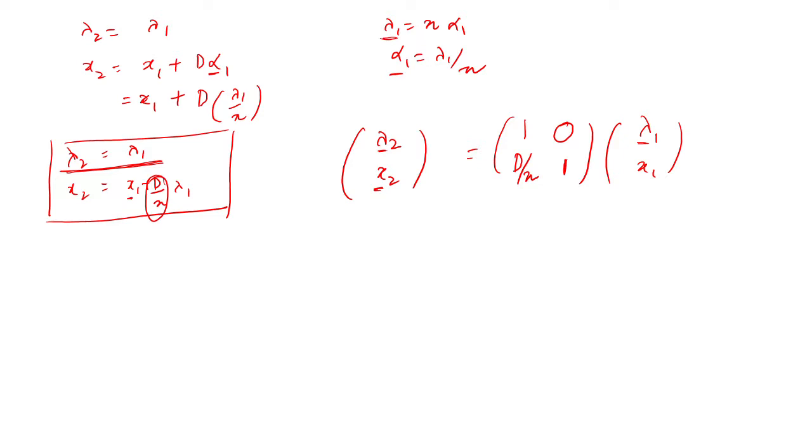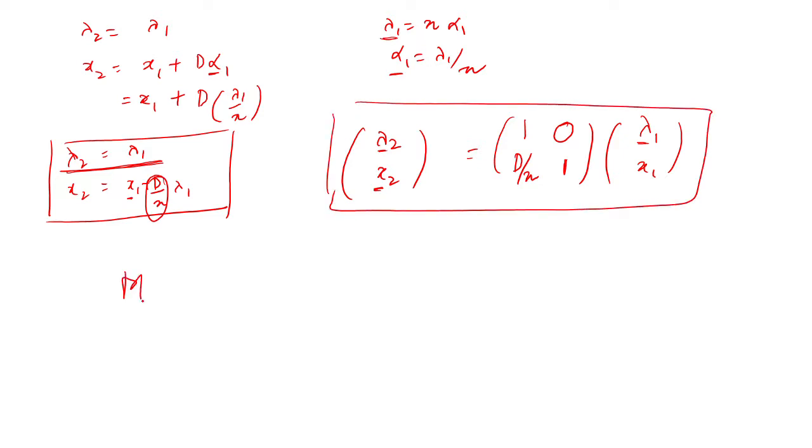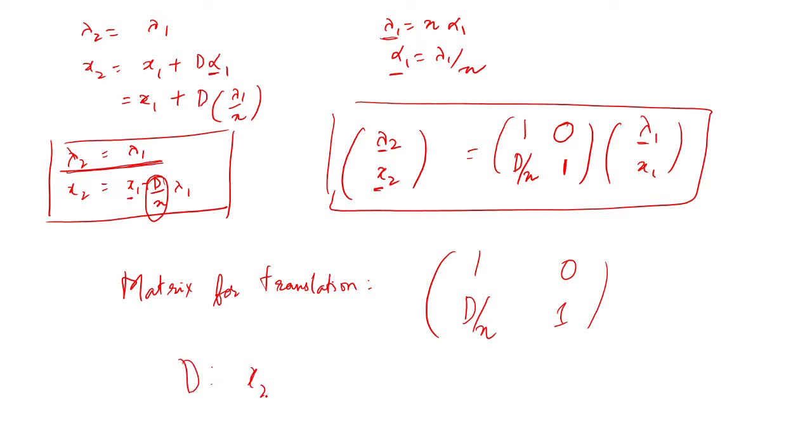So what does this do? This gives us the matrix for translation. So matrix for translation then would be simply 1 0 d by n 1, where d is the distance between x2 and x1, 2 points.